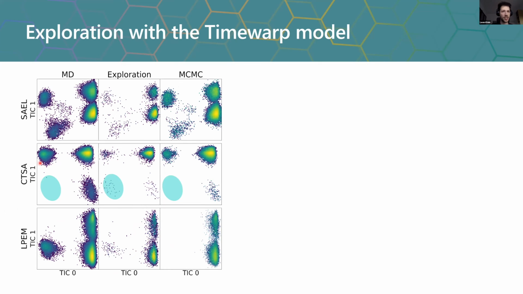This is also the case for this middle one. And the exploration algorithm runs much faster. There's no parallelization, so we run it only for about half an hour to an hour. And then these are the plots we are reporting.